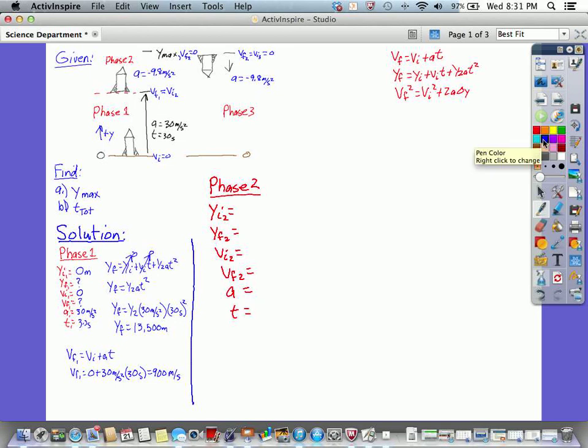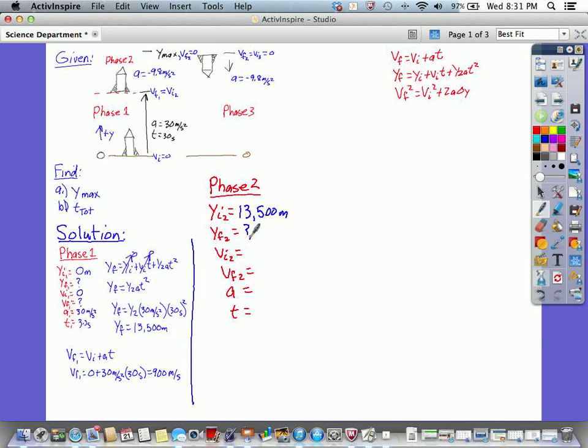Well, we do know my initial velocity in 2, remember, is my final velocity for 1. So my initial velocity is 900 meters per second. And I'm sorry, I was putting that in the wrong place there. We do know my initial position, sorry, is 13,500 meters. I mixed that up there. My final position, I don't know.